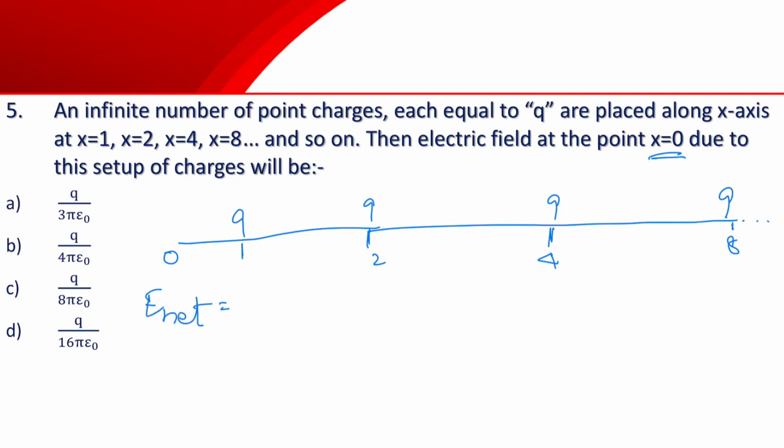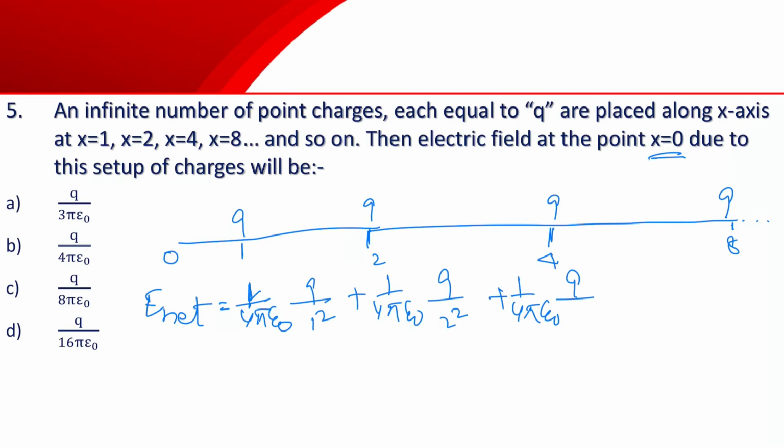From the options we can see that it is in air medium. So if we apply the formula for electric field, it will be 1 upon 4 pi epsilon naught Q by 1 square, plus 1 upon 4 pi epsilon naught Q by 2 square, plus 1 upon 4 pi epsilon naught Q by 4 square, plus 1 upon 4 pi epsilon naught Q by 8 square, plus so on.